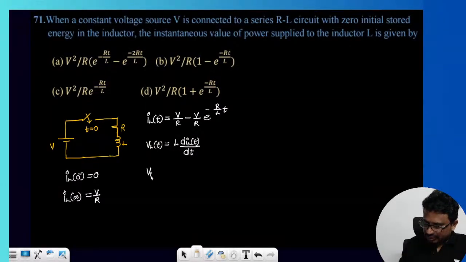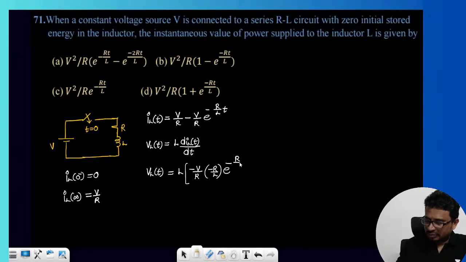So VL of t is equal to L into di by dt, that is L into V by R into minus R by L into e power minus R by L into t.